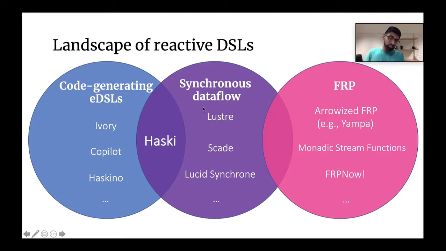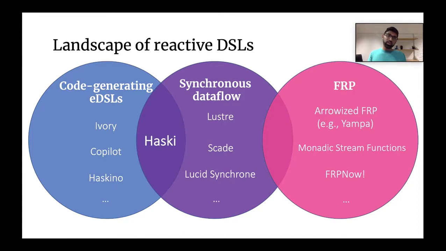And in the middle, we have synchronous data flow application languages, which are really focused on embedded systems, and they're essentially Lustre and the family of languages such as Cascade and Lucid Synchrone. And also, we have functional reactive programming, which many of you might be aware of. So Haski is essentially somewhere in between code-generating eDSLs and synchronous data flow applications.